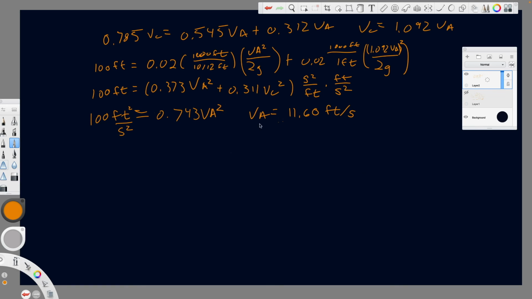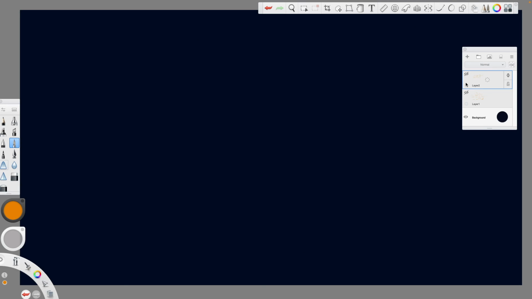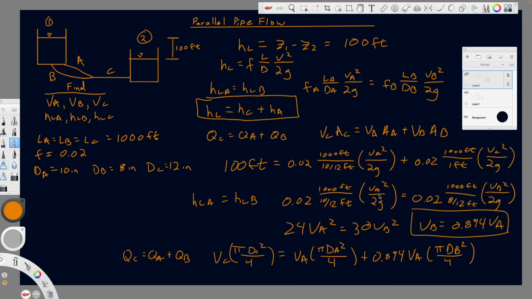Now, all we really have to do is substitute this back in. We had this relationship between VA and VB here. It took a while to find, but VB is equal to 0.894 VA.